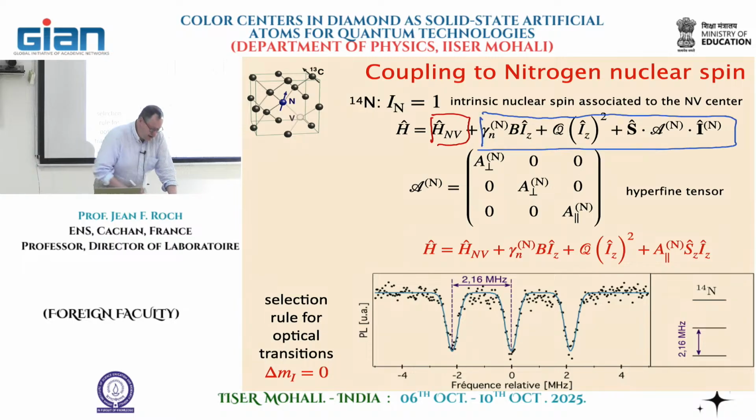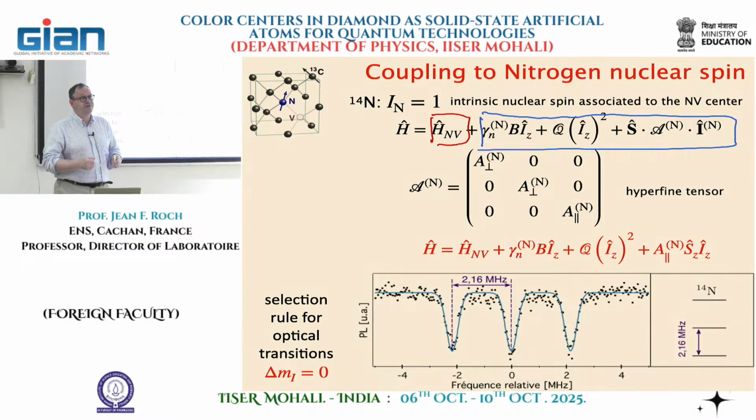The first one is simply, as you can directly see, the interaction of the nuclear spin with the external magnetic field, with the gyromagnetic factor, gamma n, associated to this nuclear spin, taking into account the nitrogen-14 nuclei.